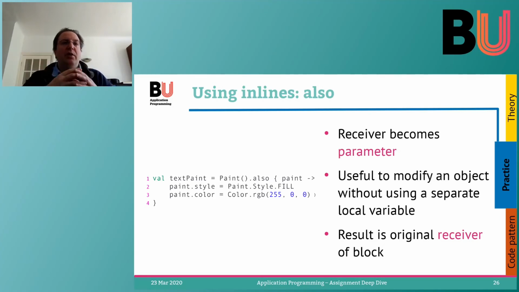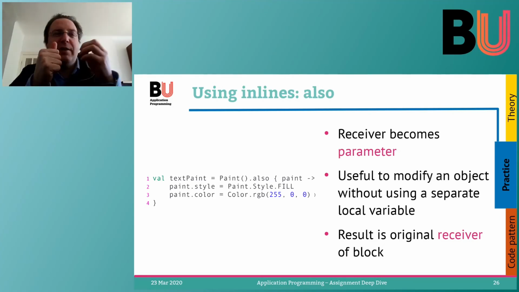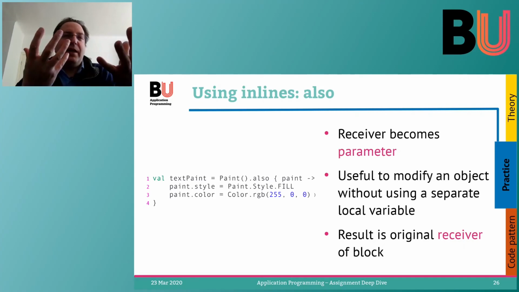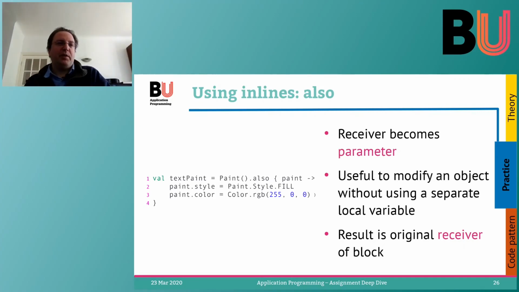So it just calls a block with this as a parameter and then returns this. Whereas the apply one took the this dot block basically.